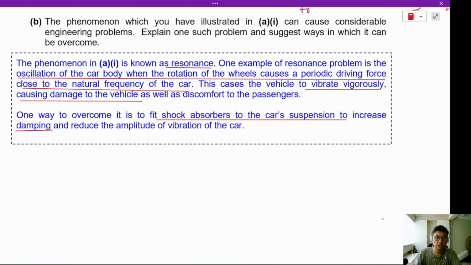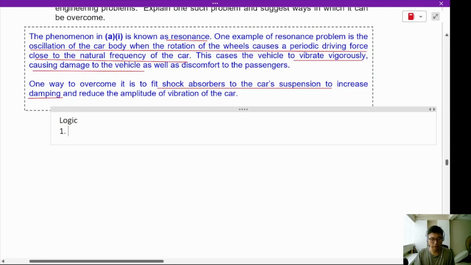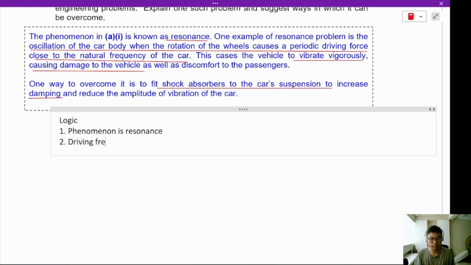Now, here's the logic for resonance. First, how to answer the question is as follows. Okay. Now, first of all, we must state the phenomenon, and then we must say that it occurs when the external driving frequency is equal to the natural frequency.